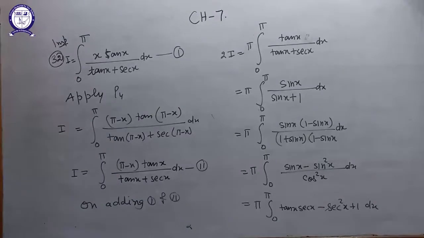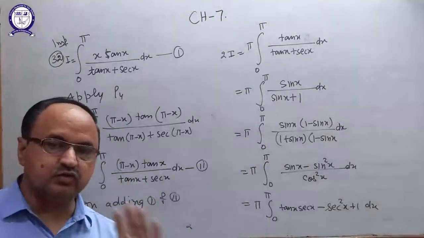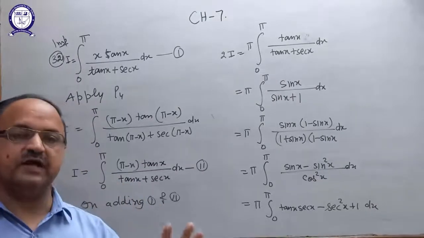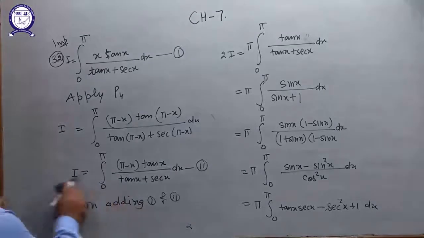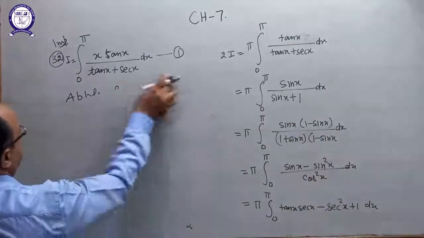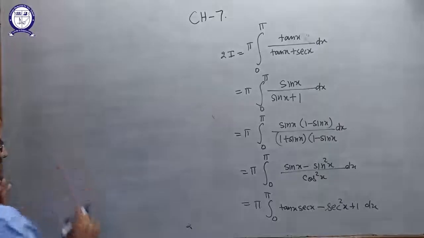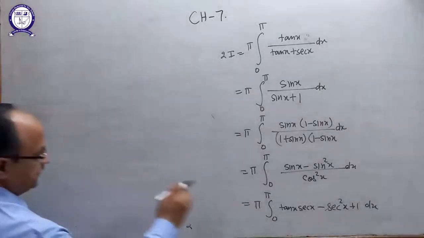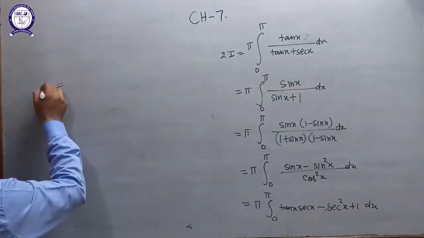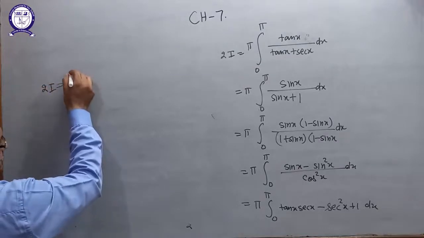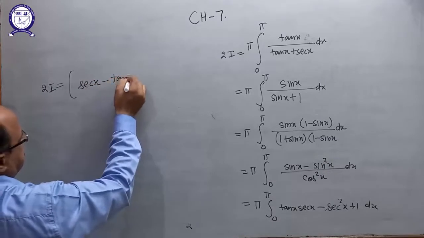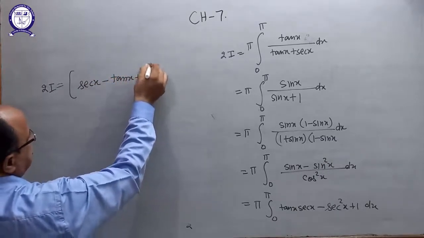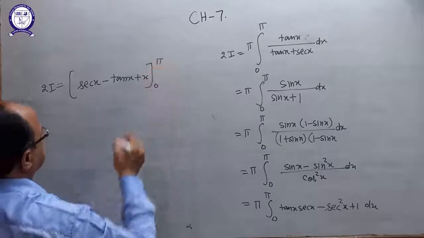Clear? You can check. This is the type of removal of x. Firstly remove x using the property P4, then on adding, the question will be simplified, after that you can solve easily. Now integration of tan x sec x, you know very well, is sec x, and minus integration of sec square x minus 1 gives tan x minus x, limits 0 to pi.